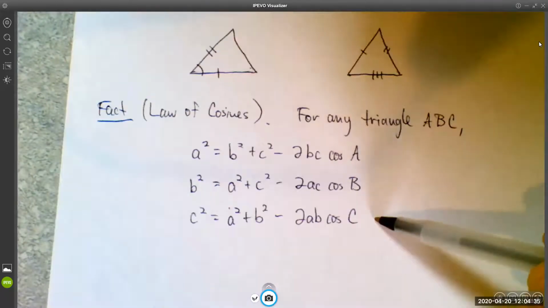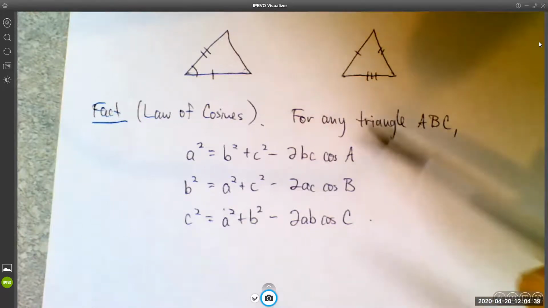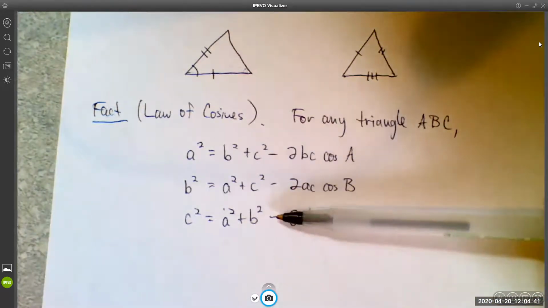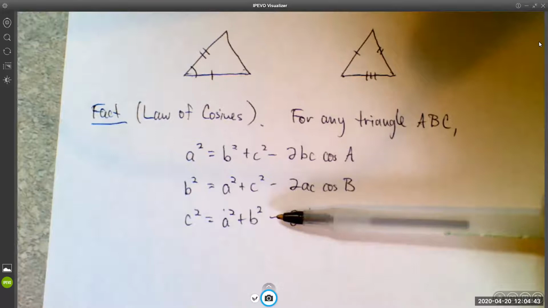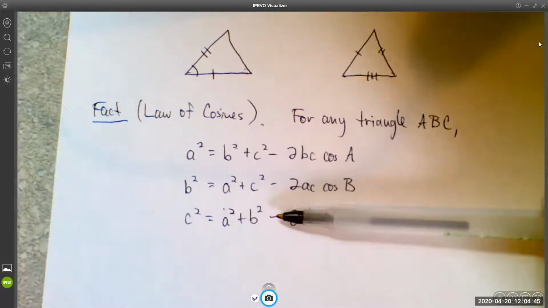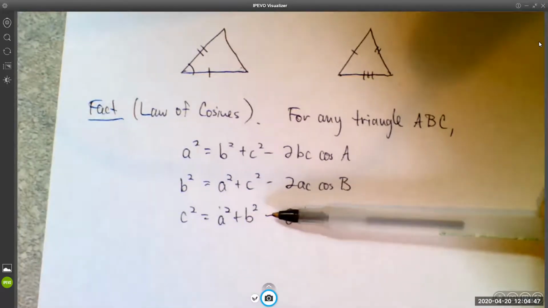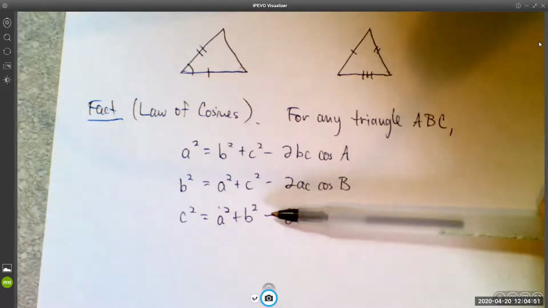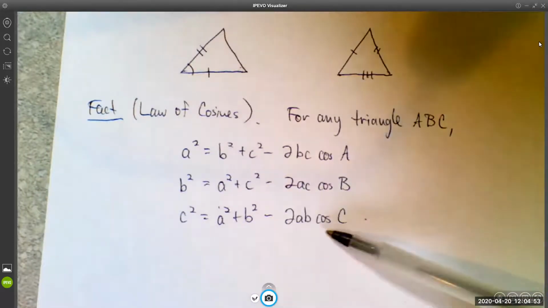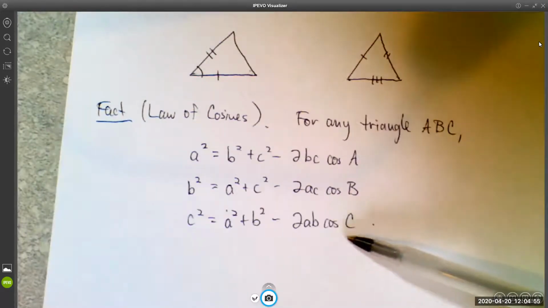The reason I say that this is an extension of the Pythagorean theorem is that if you look at the last equation, you'll notice that if you ignore the 2ab cosine C, you have c squared equals a squared plus b squared, which we know is true if ABC is a right triangle. If C is a 90-degree angle, that would mean that cosine C would be 0.